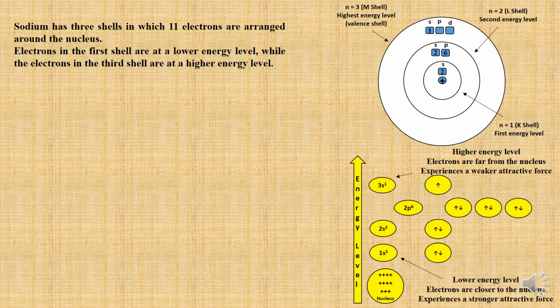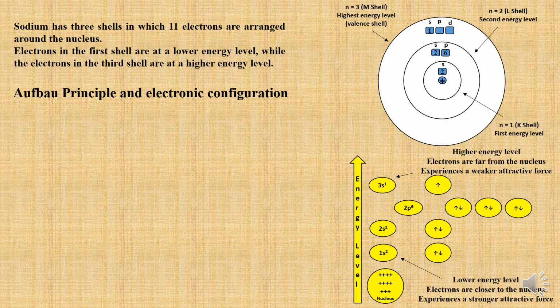Whereas the electrons in the third shell are at a higher energy level, because they are far from the nucleus and they experience a weaker attractive force towards the positively charged protons in the nucleus.